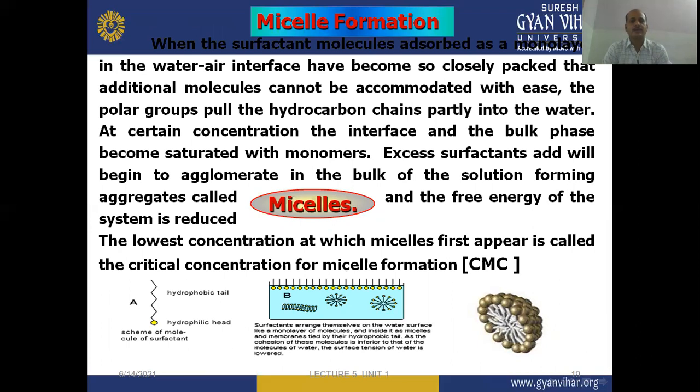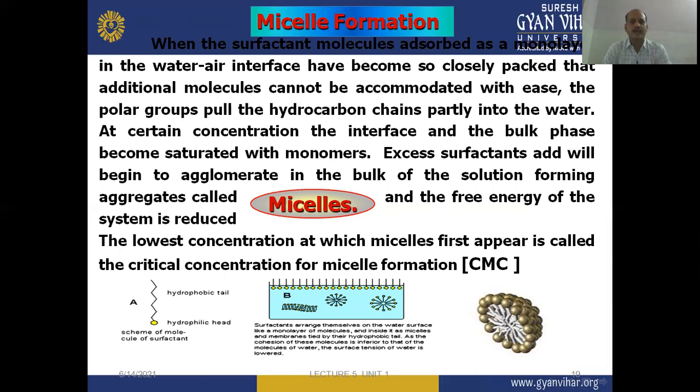At a certain concentration, the interface and the bulk phase become saturated with this type of monomers. And when we add more surfactant, the excess surfactants begin to agglomerate or accumulate in the bulk of the solution, forming aggregates which are called micelles. And the free energy of the system is also reduced.